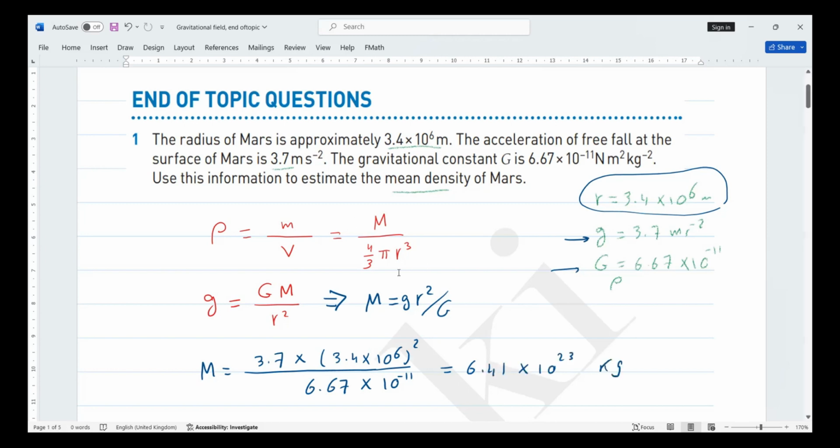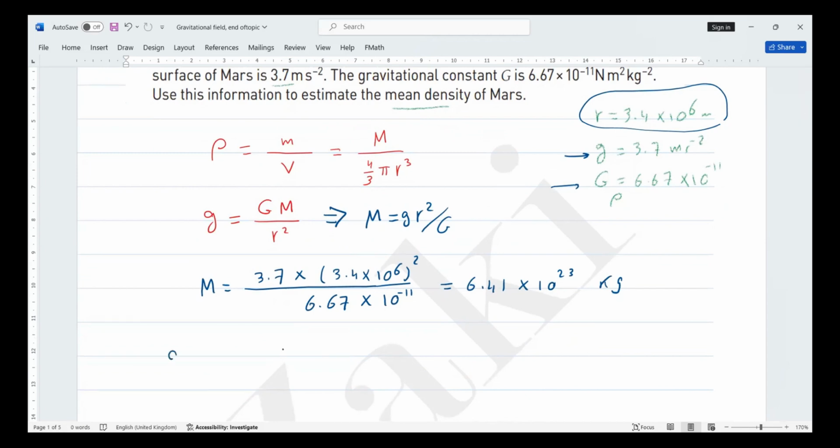We need to calculate the density. So the density, denoted by rho, equals the mass per unit volume. The volume is 4/3 pi r cubed. The mass we calculated before, which is 6.41 multiplied by 10 power 23, over 4/3 pi times r cubed, where r is 3.4 multiplied by 10 to the power 6 all cubed.